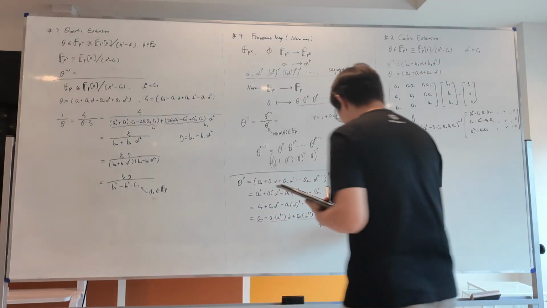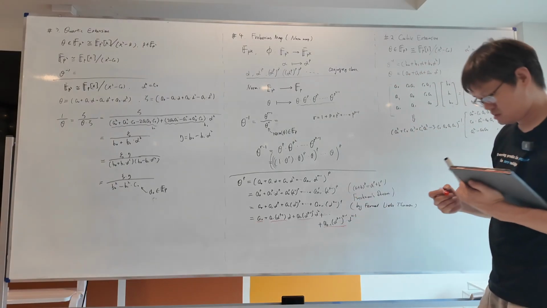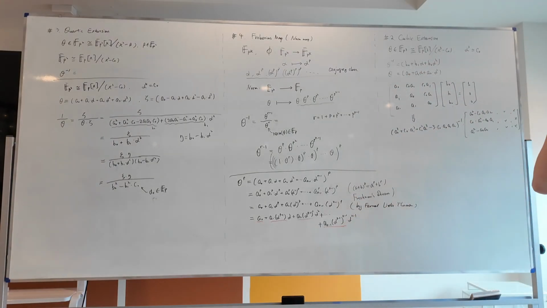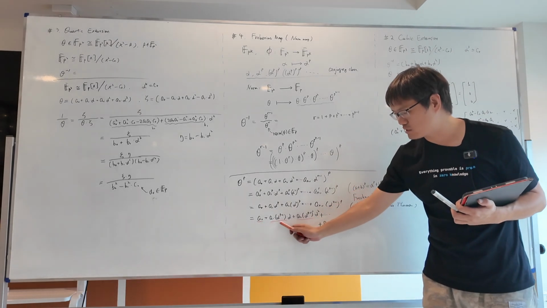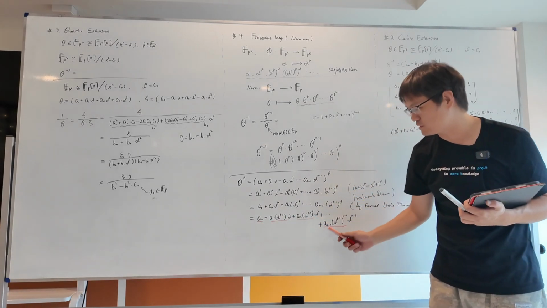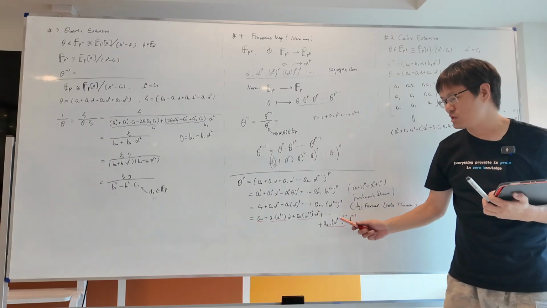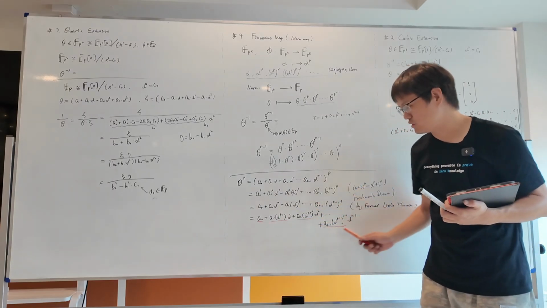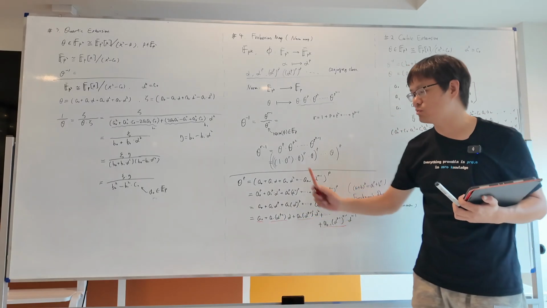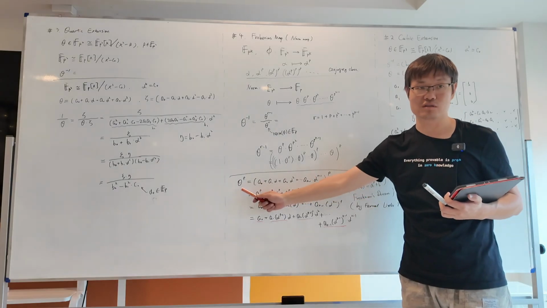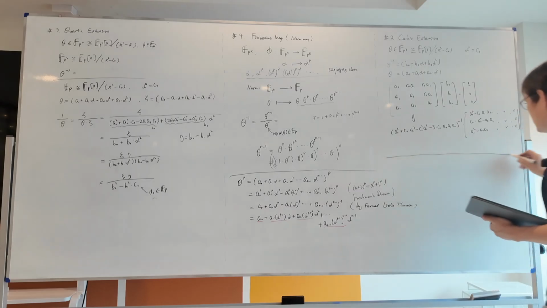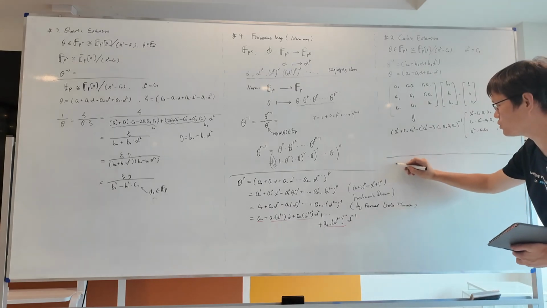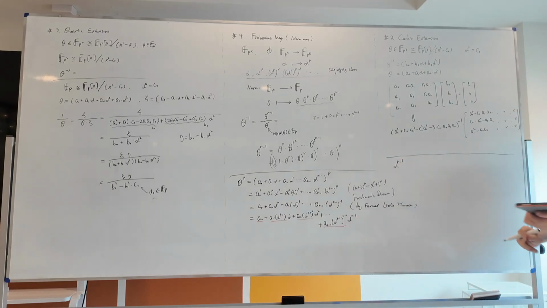So if we can efficiently compute alpha to P minus 1, then we can efficiently compute all the coefficients of this term, and then we'll have the result of theta to P.